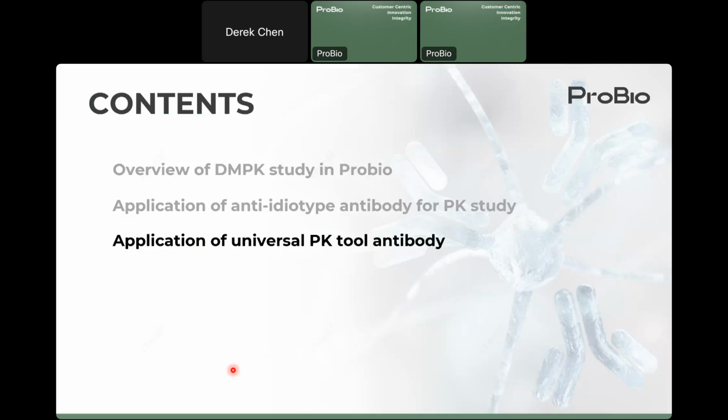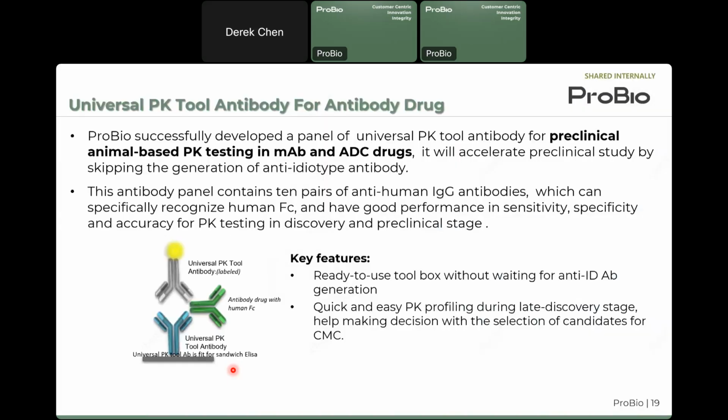Next, let's move on to the last part, the introduction of the universal PK2 antibody. So, although, as I introduced in the second part, the anti-idiotype antibody is the gold standard for PK studies, it takes quite some time to generate these reagents, and sometimes you may not succeed in finding such a good pair of anti-idiotype antibodies.